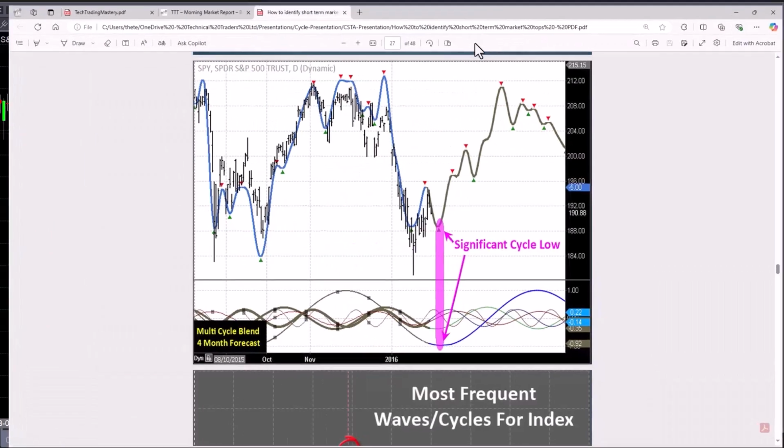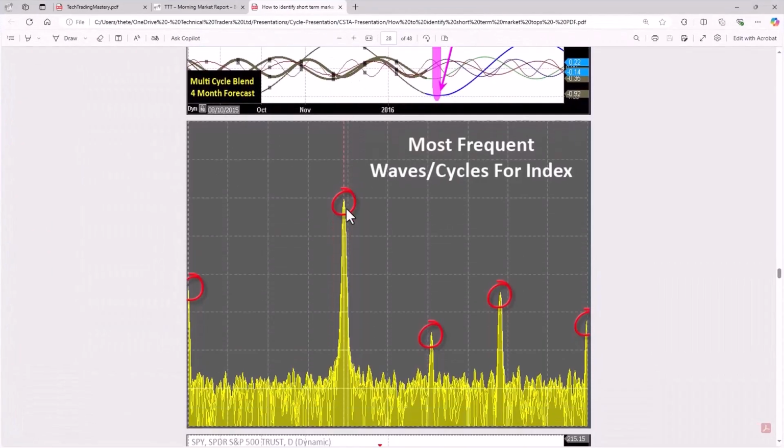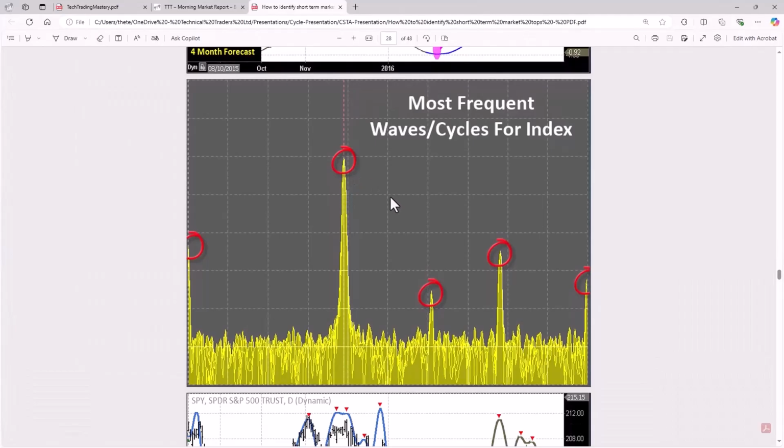Now, if we continue to run through this with a little more detail, the way I view this is you run a spectrum analyzer. Mine is proprietary, but you can build your own. What you do is run analysis to check which cycles in the market stand out and how frequently. The spikes here are telling us these five cycles are the most frequent.